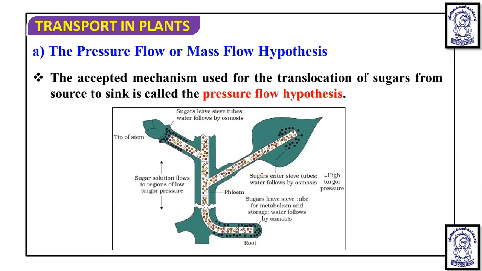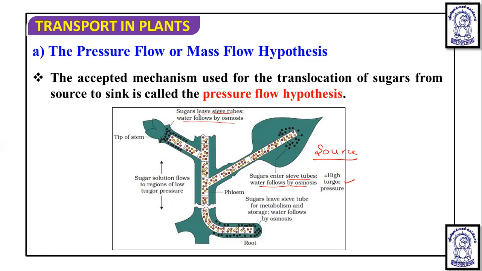If you see this NCERT diagram and the labeling, here sugar is entering the sieve tube and water is following by osmosis, and higher turgor pressure is developing. So this is acting as a source. And the food is traveling through the phloem. Now here sugar leaves the sieve tube and water follows by osmosis.